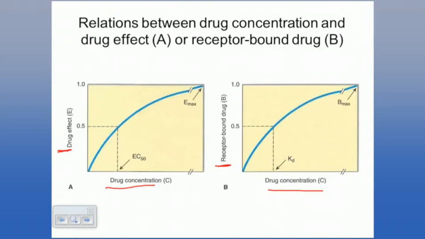At the top of the efficacy dose-response curve, you can see an arrow pointing to Emax. This is the maximum effect at the drug concentration achieved. Over on the right-hand side, the B refers to bound receptor, the bound receptor at the maximum of drug concentration going out along the x-axis.